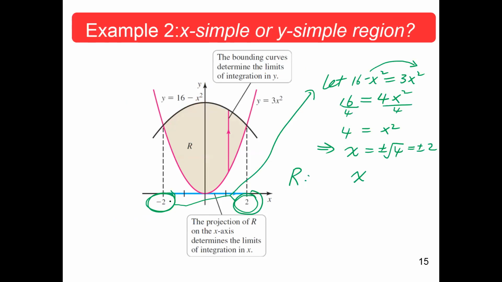We should just grab the x. The x will be bounded by two constants. The x will be between -2 and a positive 2, right? Okay, what about y? What do we say about y?